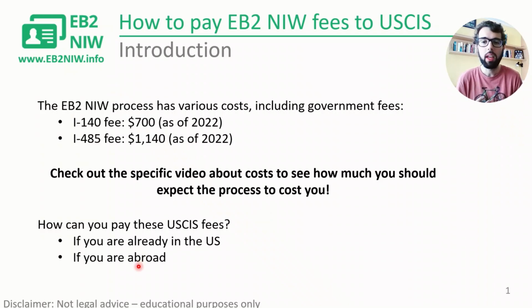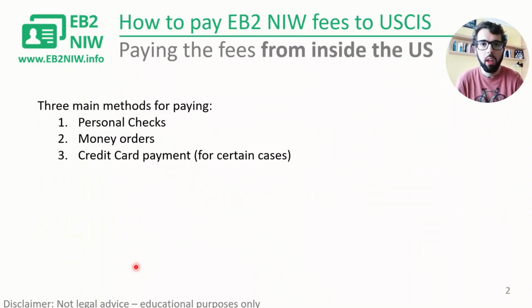But also there's the case of people that are abroad, that are filing an I-140 for a green card, and then they plan to immigrate to the United States. So because there's always that difference in everything we talk about, in this video we're going to break it down into two sections, one for the people that are already in the US and one for the people that are abroad. So let's dig a little bit deeper and we'll start with the people that are already in the United States.